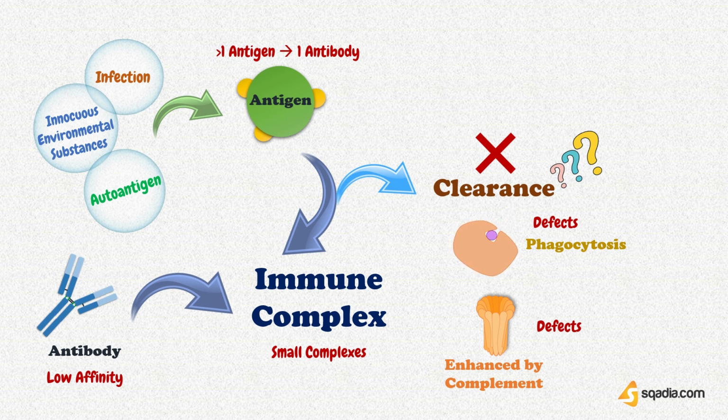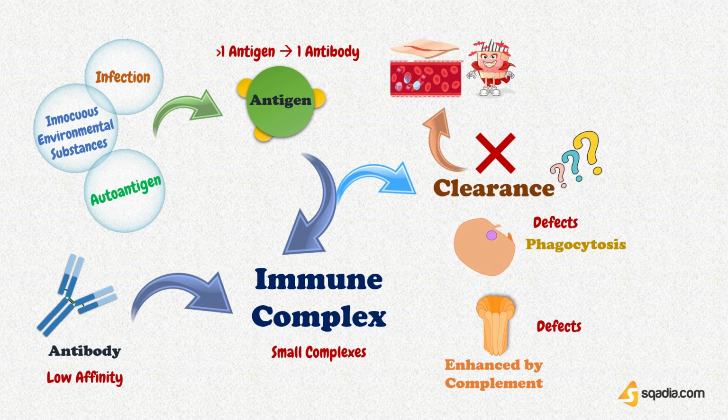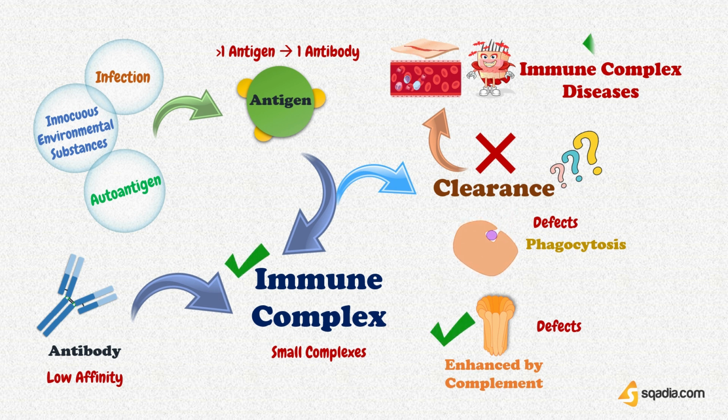If not rapidly phagocytosed, complexes can induce serious inflammatory changes in either the tissues or in the walls of small blood vessels, depending on the site of formation, and immune complex diseases may arise. So, this entire video revolves around these three things I just mentioned: immune complex, complement, and immune complex diseases.